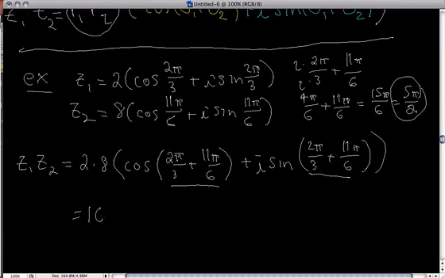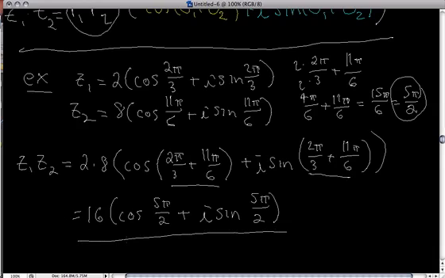So I could write this as 16 times cosine of 5 pi over 2 plus i times sine of 5 pi over 2. That's the product in trigonometric form.